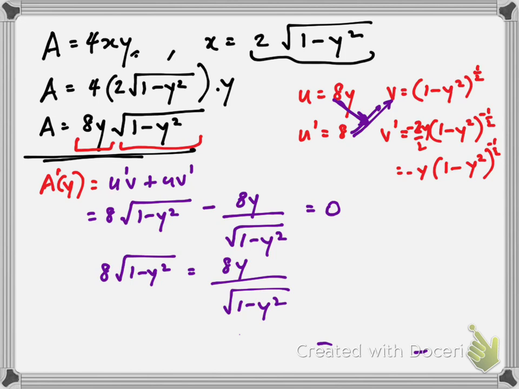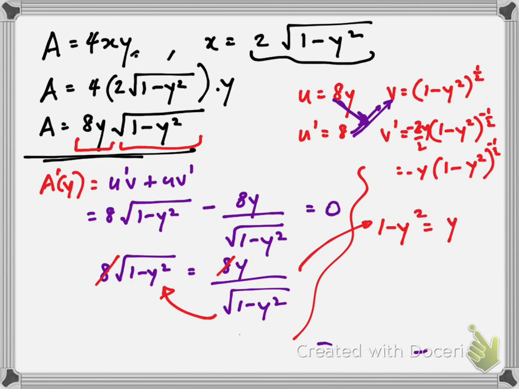The 8 will cancel, and the squares will cancel and square roots will cancel, and you end up with 1 minus y squared equals y.